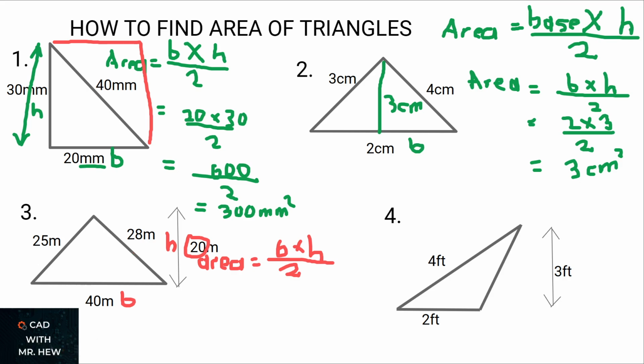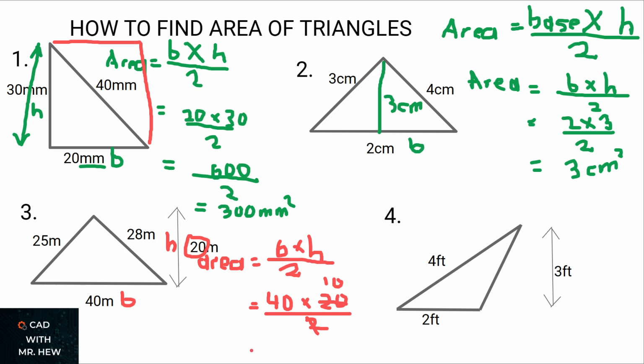So we put an equal sign here, and the base is 40, times h, which is 20, divided by 2. 2 can go into 20, and this will be 10.